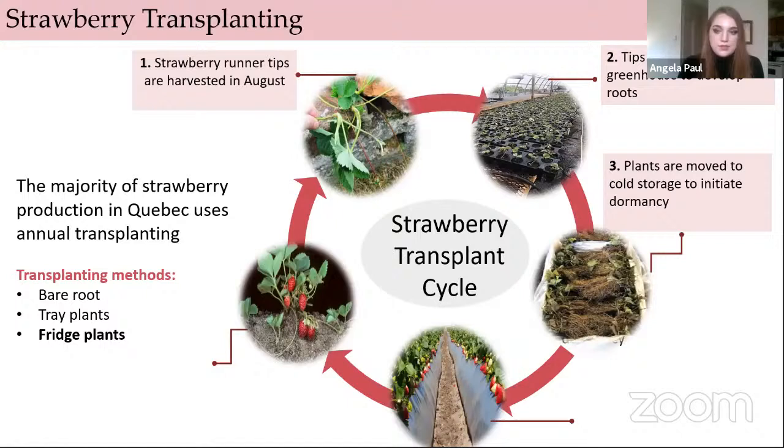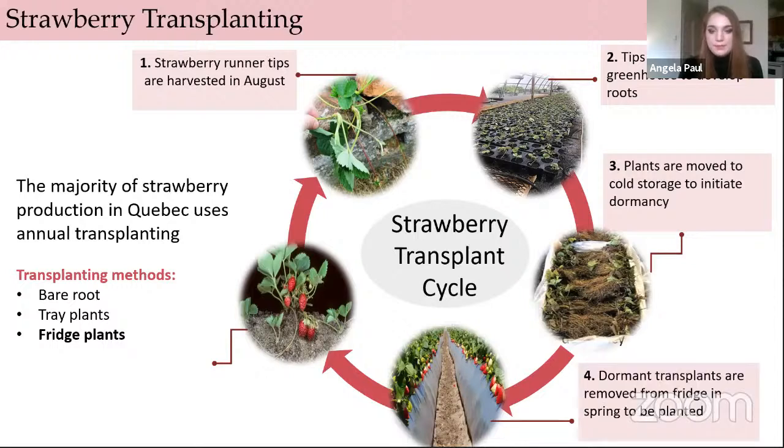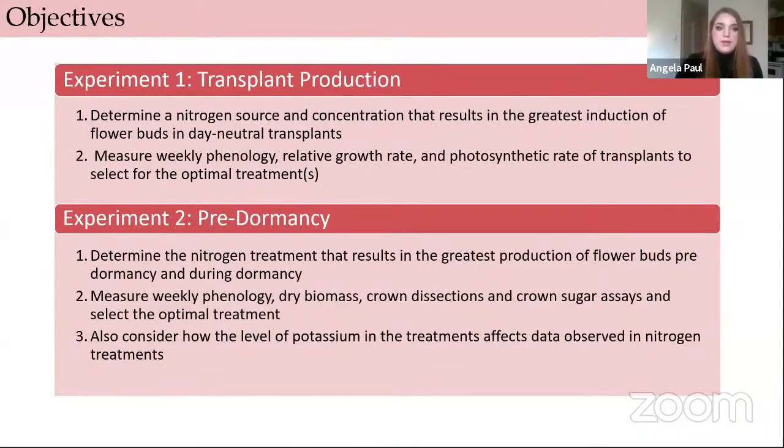Once temperatures get very cold and the plants stop growing, they are put into cold storage to initiate dormancy, where they are kept until spring, when the plants are removed and put into the field for production. Once these plants mature and start producing more runners, the cycle repeats itself. I wanted to cover this because for both my experiments, I used the transplant stage for both production and pre-dormancy.